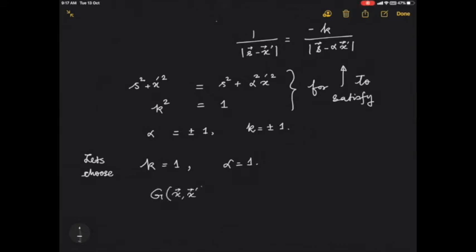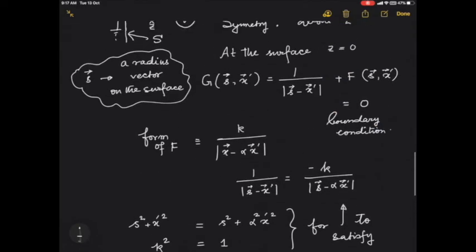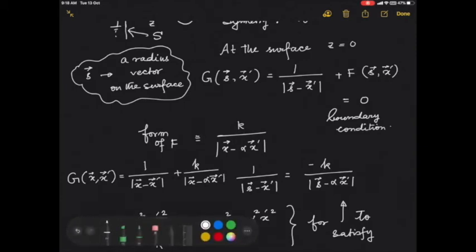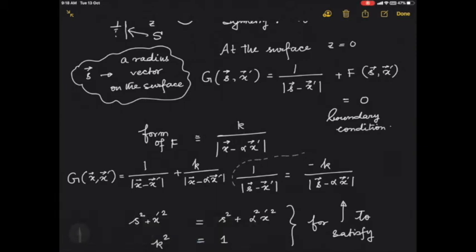So what happens to G now? With k and alpha both 1, G of x, x prime, if you remember, was 1 by mod of x minus x prime plus k by mod of x minus alpha x prime.